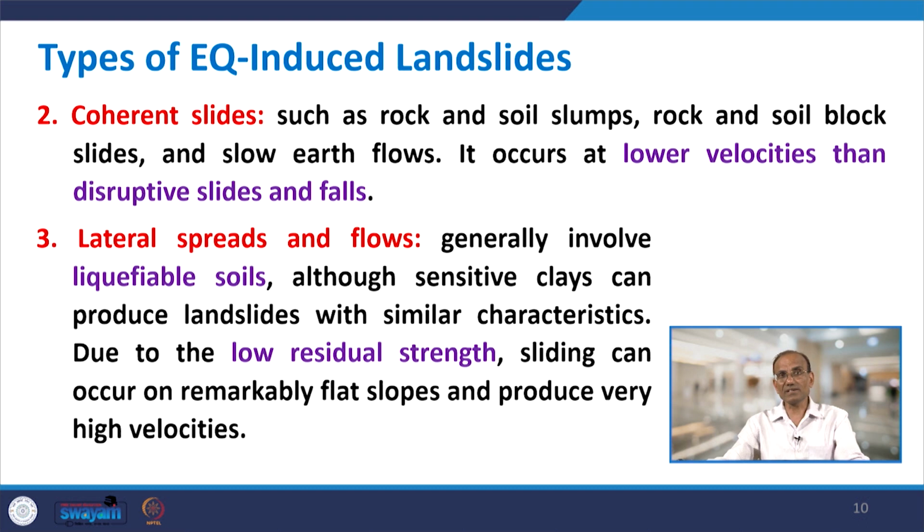The third one is a little different, which is lateral spreads and flows. Lateral spreading is a liquefaction-generated phenomenon, and it is linked with cyclic mobility. It generally involves liquefiable soils, although sensitive clays can produce landslides with similar characteristics. Due to the low residual strength, sliding can occur on remarkably flat slopes and produce very high velocities.